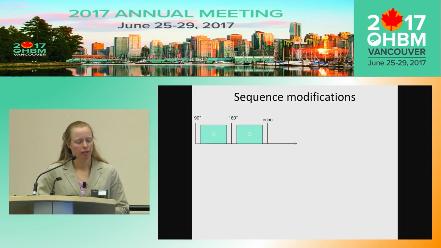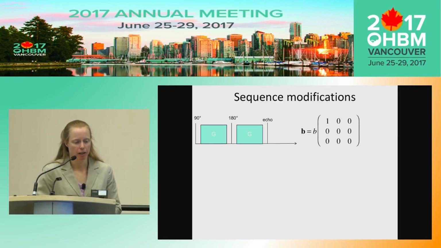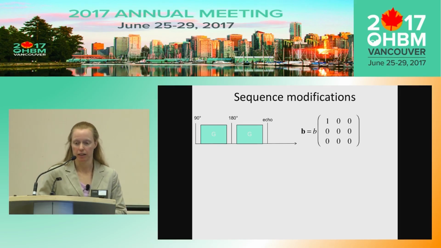So a last concept that I want to talk about today is related to the B matrix that we saw in the context of the diffusion tensor. For the single diffusion encoding in the proper reference frame, the B matrix will look like this. It has one non-zero eigenvalue, and you can think of it as a tensor that is a linear tensor.